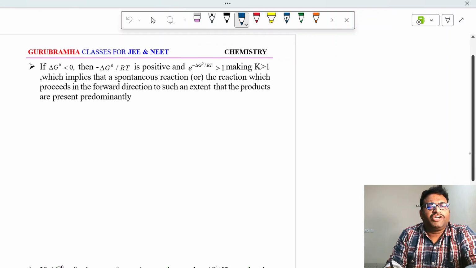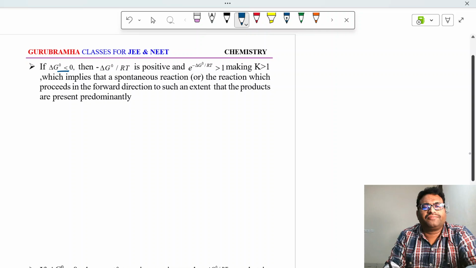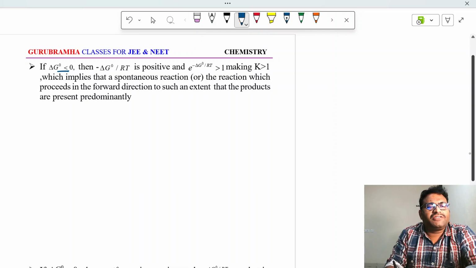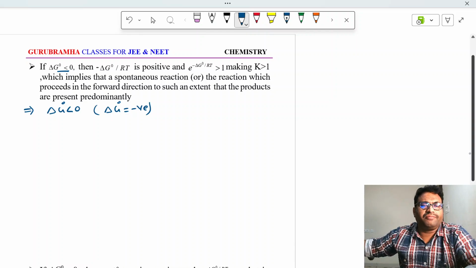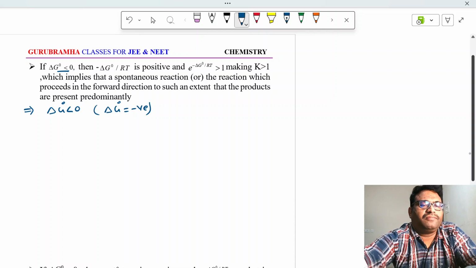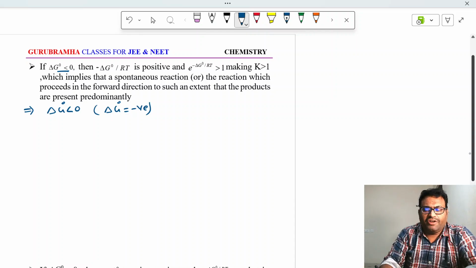Here, if delta G naught is less than 0, what does that mean? Delta G naught is negative. Then minus delta G naught by RT will be positive.